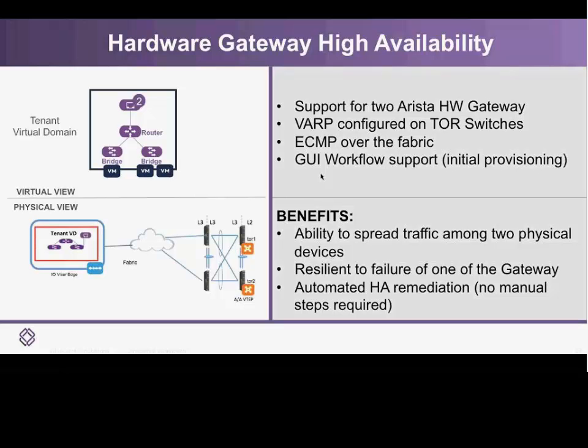All the configurations and all the details around the gateways are captured in the technical documentation. There's obviously a lot of details here, so I don't want to go into more details there.